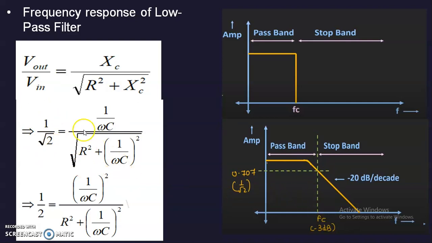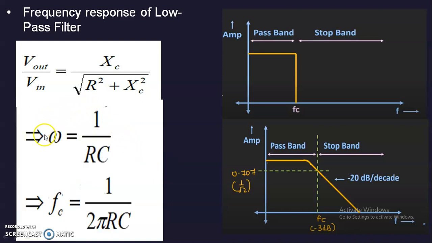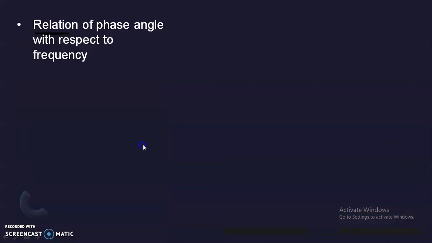So we will place this 1 by root 2 value here, so that we will find FC by getting the value of omega first. So omega we will get 1 by RC. Therefore, omega is 2 pi into FC, so FC equals 1 by 2 pi RC.